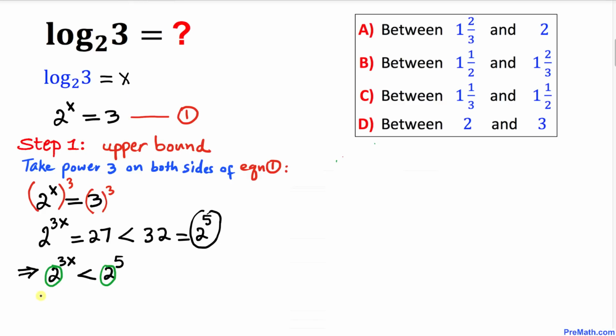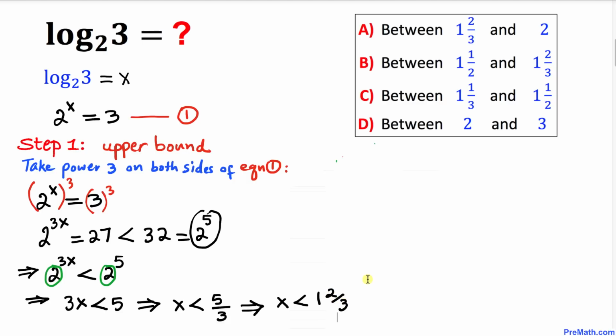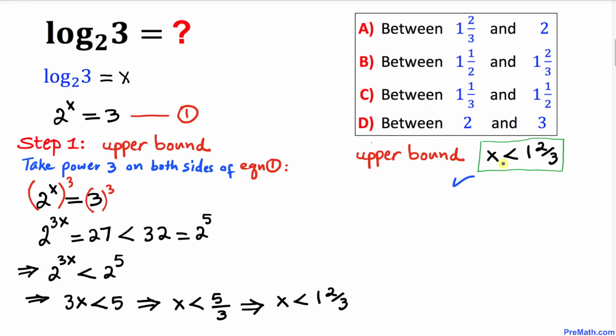So we conclude that our exponent 3x is going to be less than 5. So our x value turns out to be less than 5 over 3, or in terms of a mixed number, we can write x is less than 1 and 2/3. So our upper bound turns out to be x is less than 1 and 2/3.